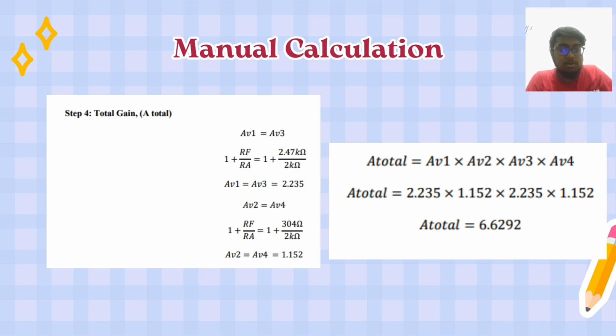So 1 plus RF over RA equals 1 plus, since we calculated before, 300 ohm over 2 kilo ohm. So we will get AV2 equals AV4 equals 1.152. So the total gain we get by AV1 times AV2 times AV3 times AV4, which is 6.692.